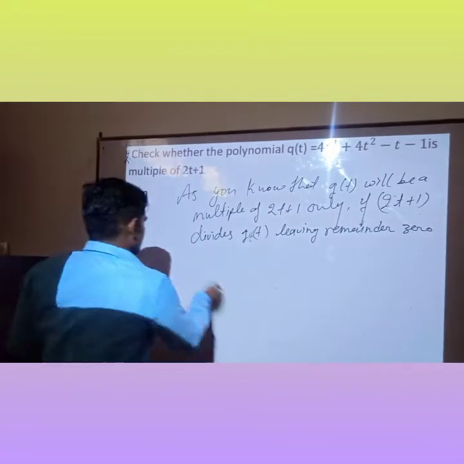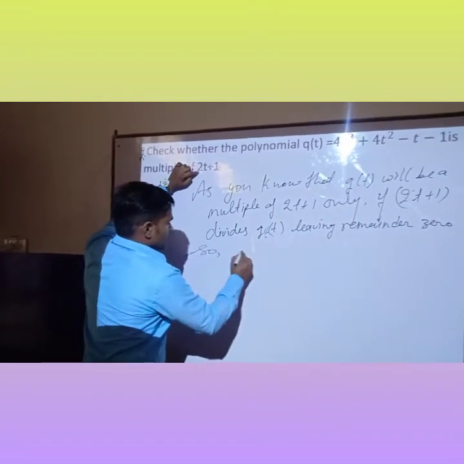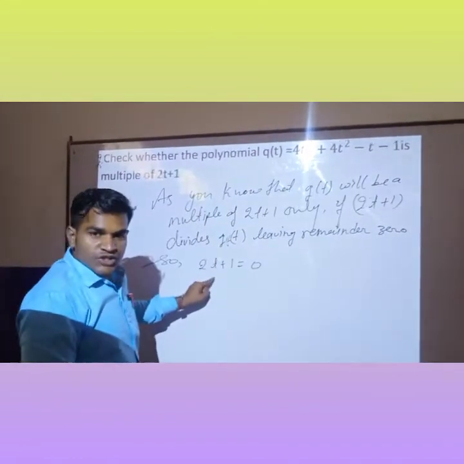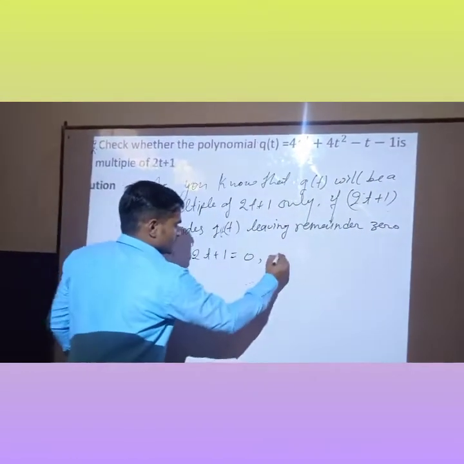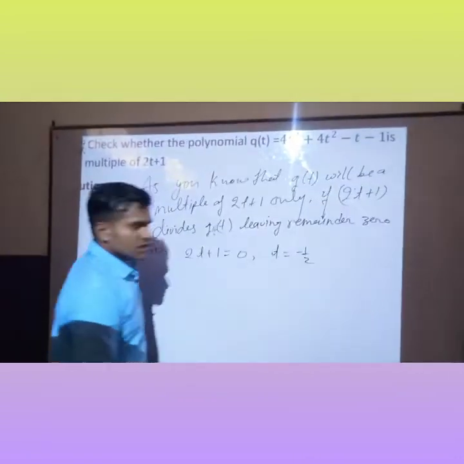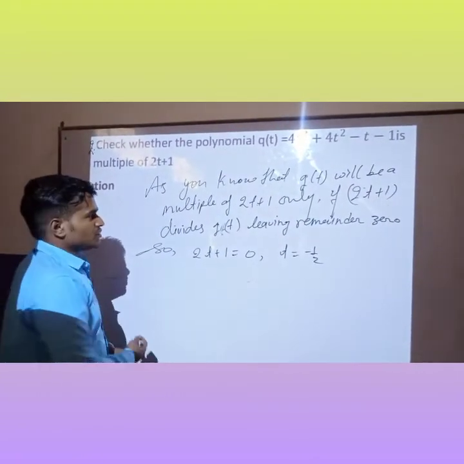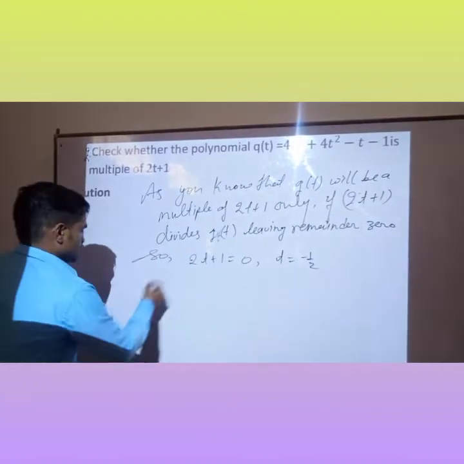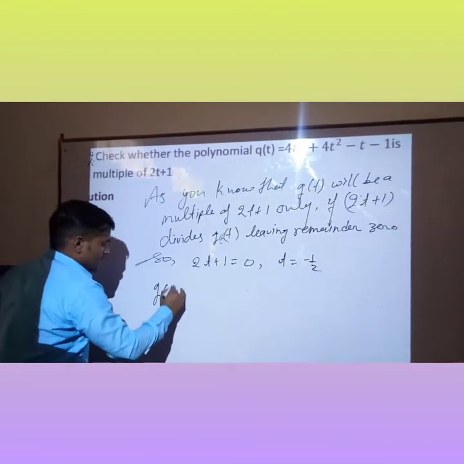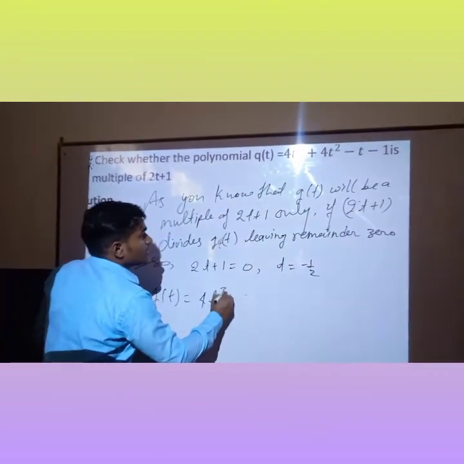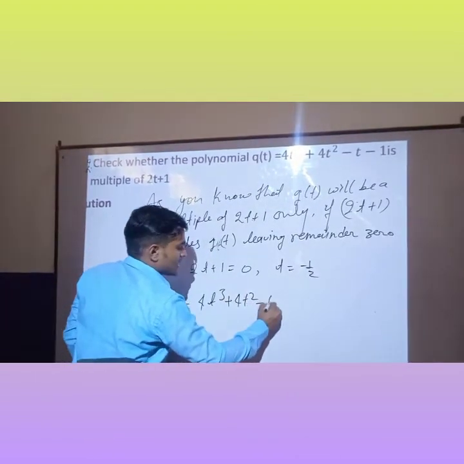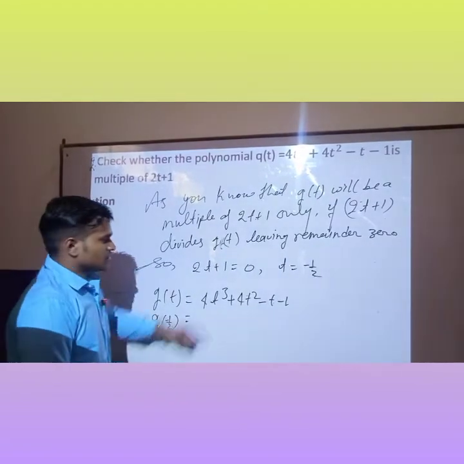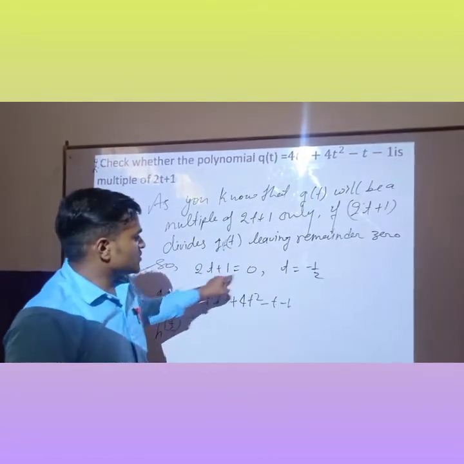So students, equate 2t plus 1 is equal to 0, meaning we will find the zero of 2t plus 1. So what do we get? t is equal to minus 1 upon 2. If t is equal to minus 1 upon 2, we have to find q(t) at minus 1 upon 2. q(t) is given as 4t cube plus 4t square minus t minus 1. So q(minus 1 upon 2), because the zero of 2t plus 1 is minus 1 upon 2.